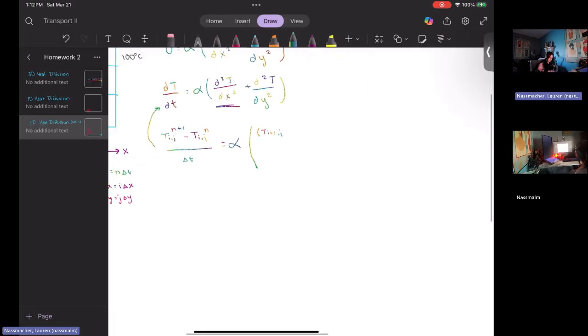That's going to come later. And your time is going to remain constant, so it's just going to be n for the entirety of this part of the equation, minus your temperature at your position ij, the position you're trying to find the temperature at, over your change in position.